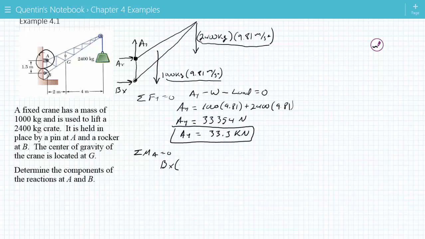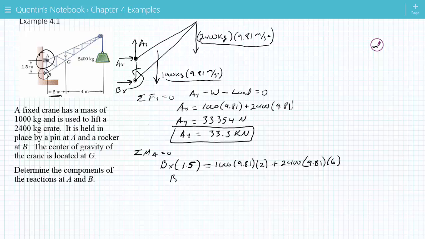BX times that distance, which is 1.5, and that's going to rotate it around in that direction. If you notice, these other two are going to go in the opposite direction, so I'll just set those on the other side of the equation. It is equal to 1,000 times 9.81 times this distance right here, which is 2, plus 2,400 times 9.81 times 6, that distance there.